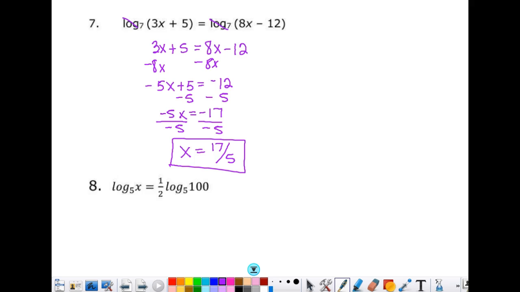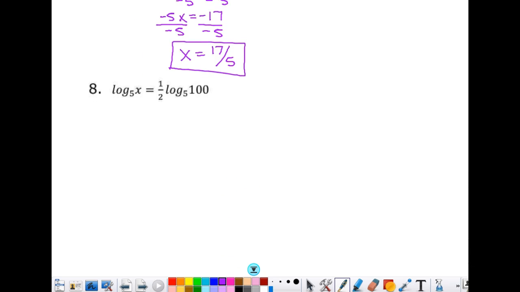And then the last one, is this the last one? Okay. So there is a little guy here in the front. He needs to go back kind of where he belongs. So we need to put him back up here, right? So we're going to get rid of the logs. We're going to say x equals 100 to the 1/2 power. Now, we've talked about what 1/2 power means.